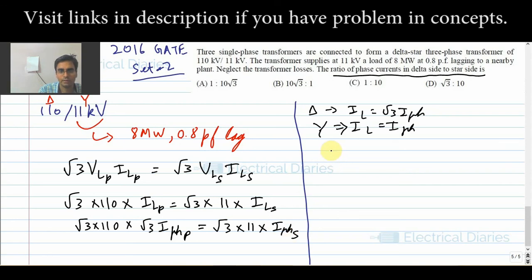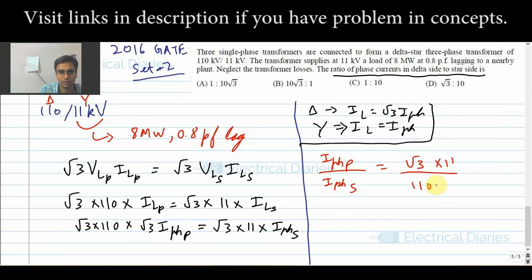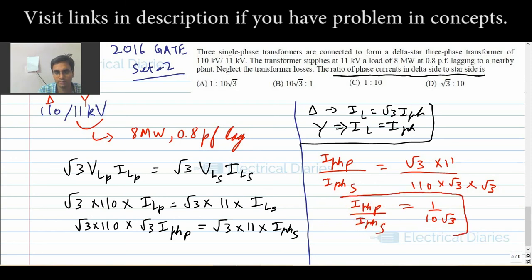So now you have to find the phase currents from delta to star, that is I phase P divided by I phase S. So you will get root 3 into 11 divided by 110 into root 3 into root 3. So you will get it as 1 by 10 root 3. So this is the answer. That is, your I phase primary and I phase secondary currents are in this ratio.